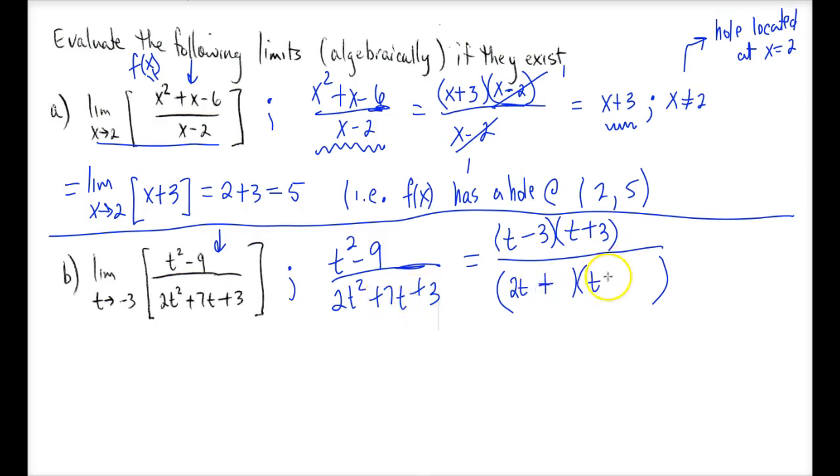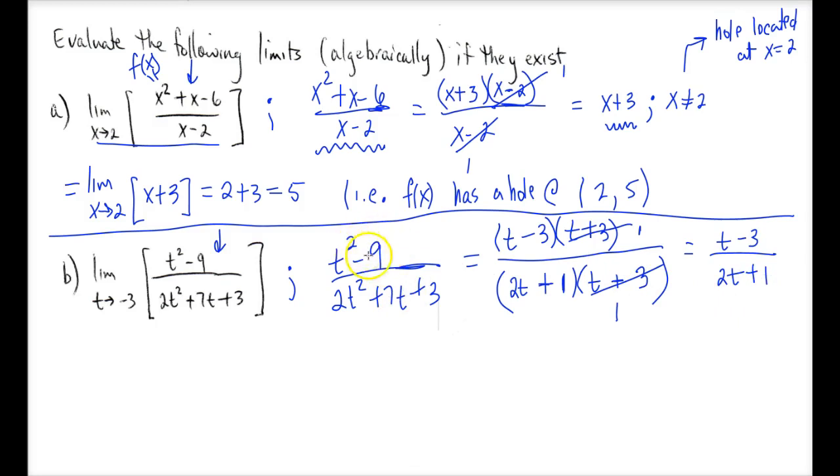Since we got plus and plus here, it'll be plus and plus there, and the factors of 3 are just 3 and 1. If we multiply 2t times 3, we get 6t, plus 1 more t is 7t. So this works out. Again, we see the case where we have a common factor in numerator and denominator, so these factors will reduce to 1, and what we have left is t minus 3 over 2t plus 1.